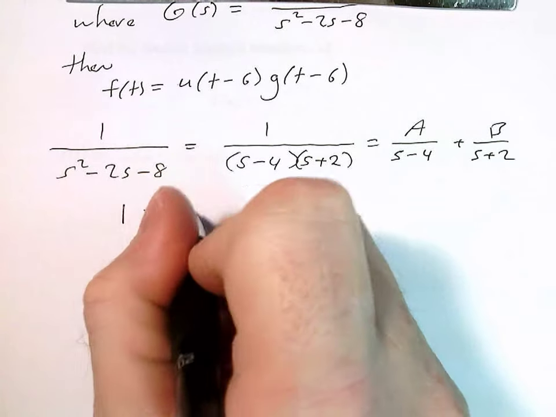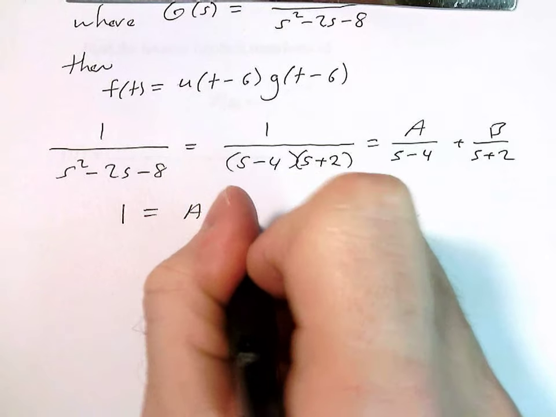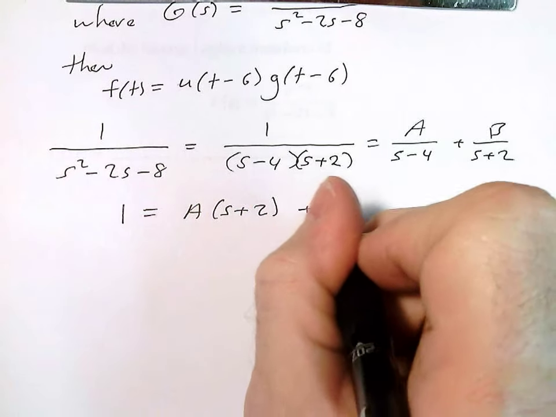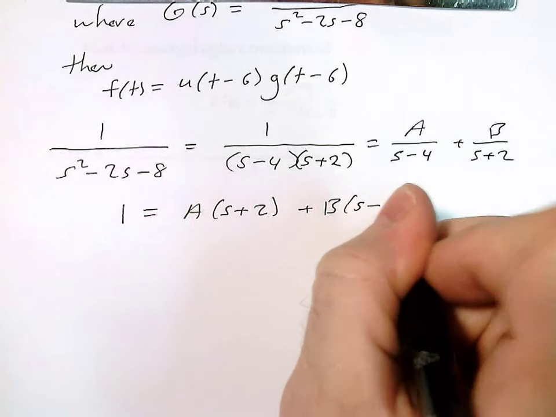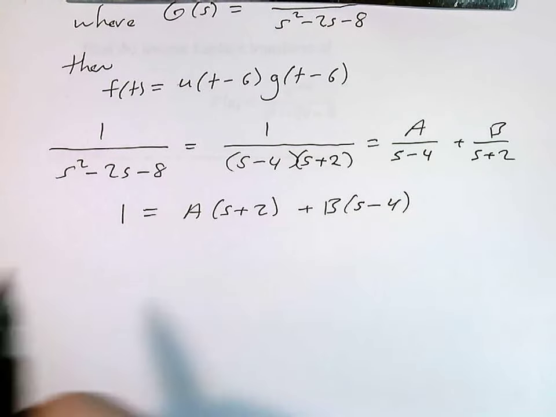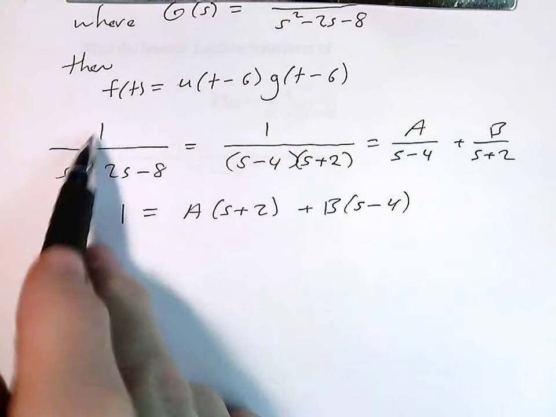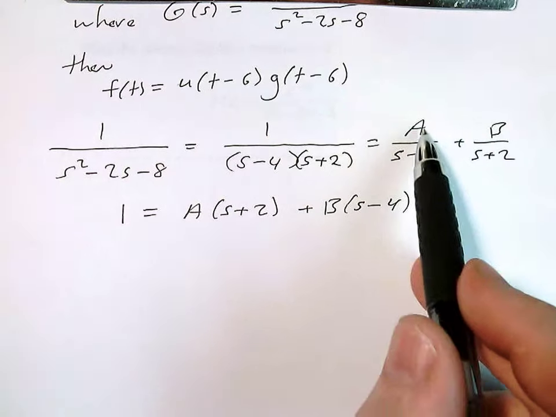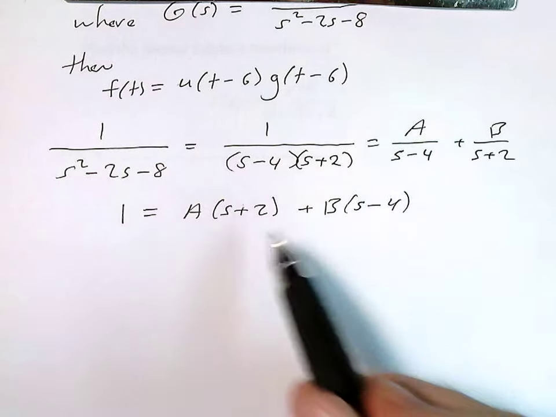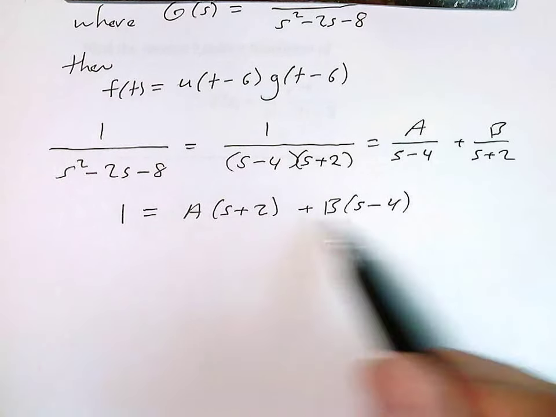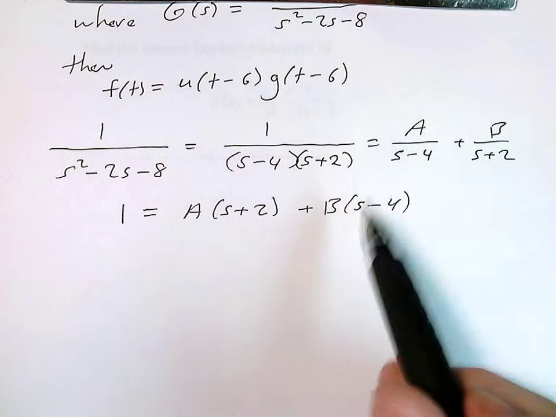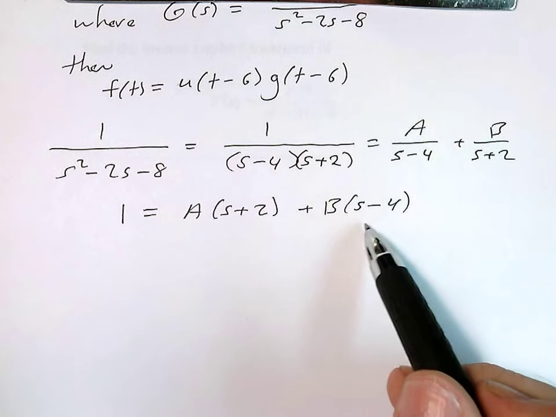And so we get 1 equals A times (s plus 2) plus B times (s minus 4). Right? Because when I'm multiplying this denominator there, everything cancels. I get 1. Here the s minus 4's cancel and the s plus 2 survives. And here the s plus 2 cancel and the s minus 4 survives.